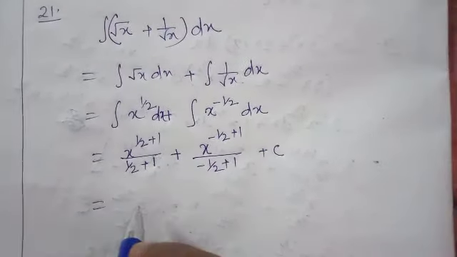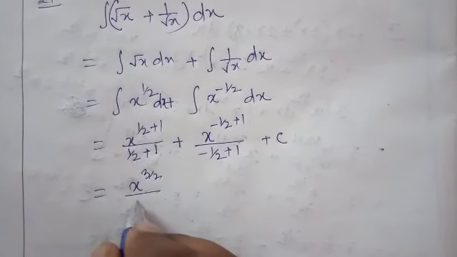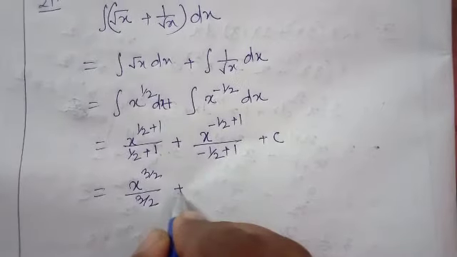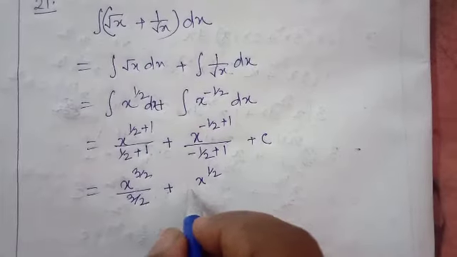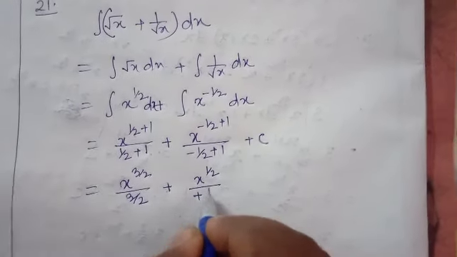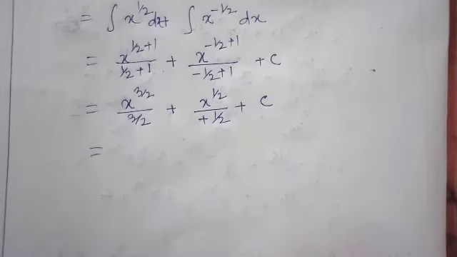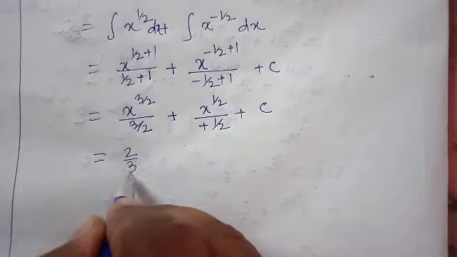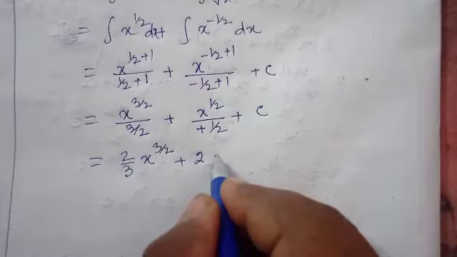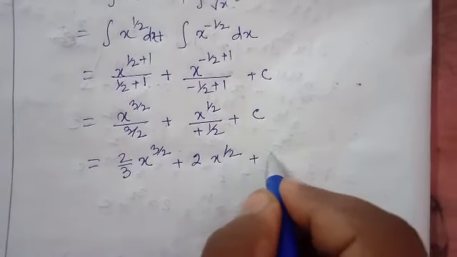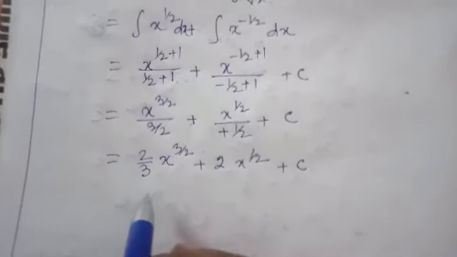So here 1 by 2 plus 1 means 3 by 2, x to the power 3 by 2 by 3 by 2, plus here minus half plus 1 means half, x to the power half by half, plus c. Here in denominator 3 by 2 means it is 2 by 3, and 2 by 1 means 2, plus c.